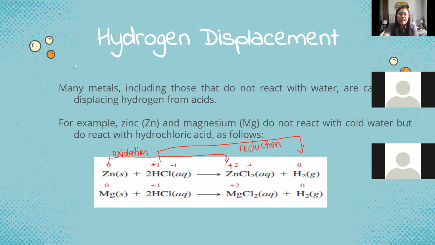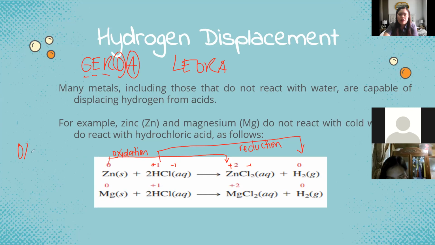Okay? And then, if you are asked to identify the oxidizing agent and the reducing agent, just like in our quiz, syempre you have to go back sa ating mnemonics na Geroa and Leora. If merong reduction, it means there is a gain in electron. But the one that is reduced is called the oxidizing agent.